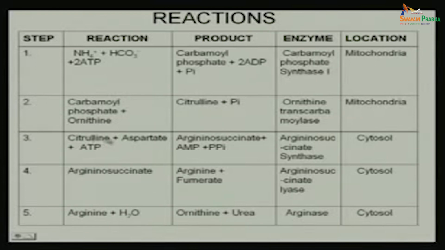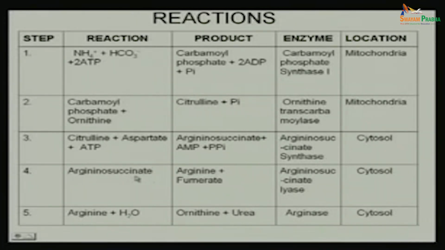Citrulline, in the presence of aspartate and one molecule of ATP, produces arginosuccinate and one AMP and inorganic phosphate, in the presence of the enzyme arginosuccinate synthase. As I have mentioned, this reaction takes place in the cytoplasmic fluid of the cell.